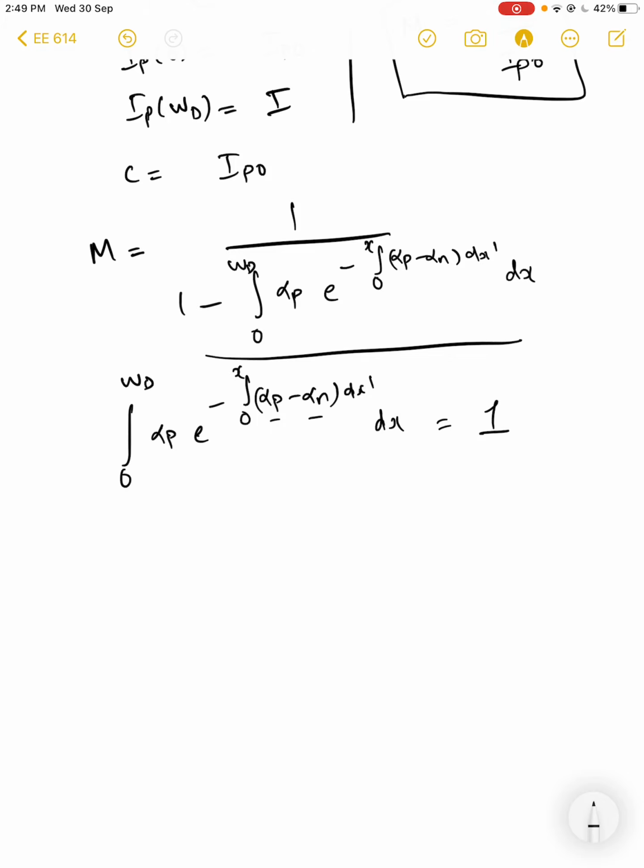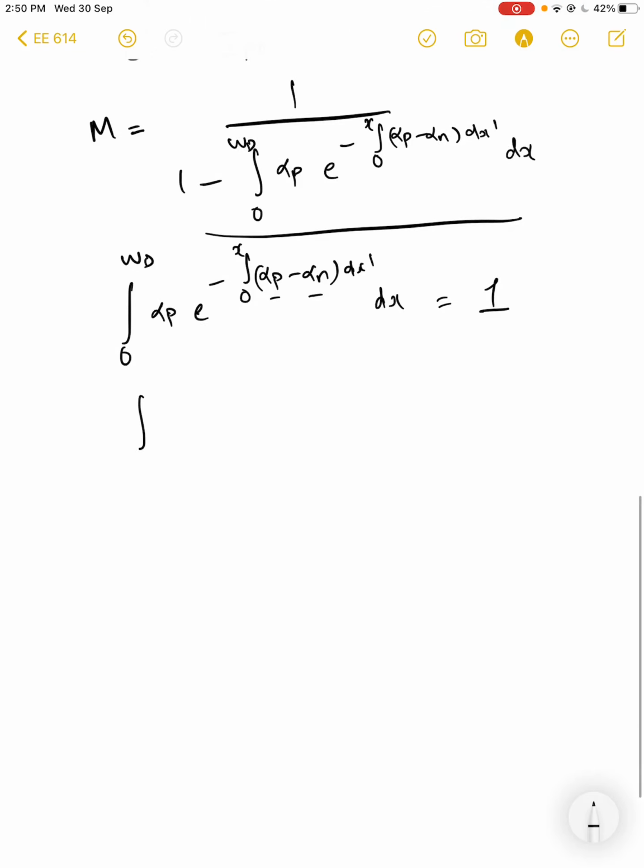This is the condition. The same thing can be written for electrons as well: integral 0 to WD of alpha n e power minus integral 0 to x of (alpha n minus alpha p) dx dash dx is equal to 1.